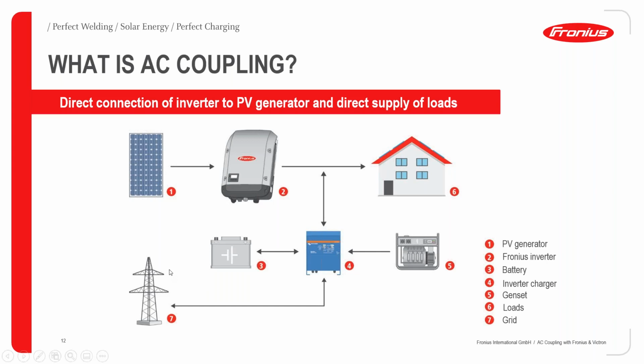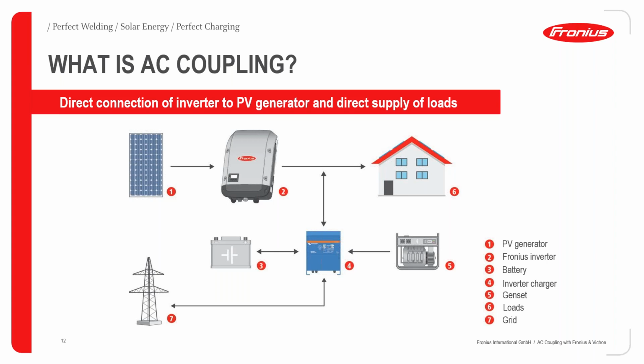So of course we know that in most cases the grid is usually unstable, and might not always be available. So this makes AC coupling the sure point to go to when it comes to increasing efficiency and having uninterrupted or efficient power supply.